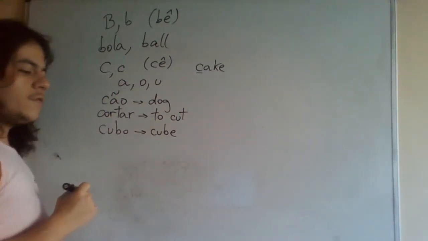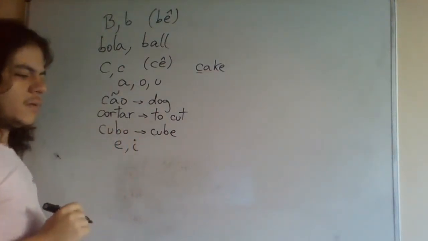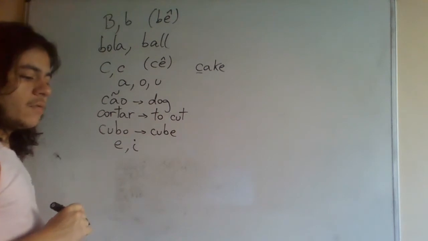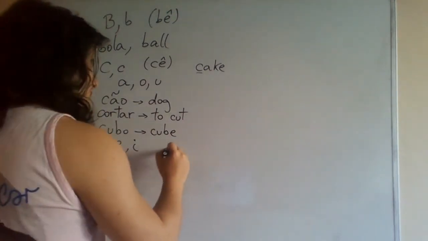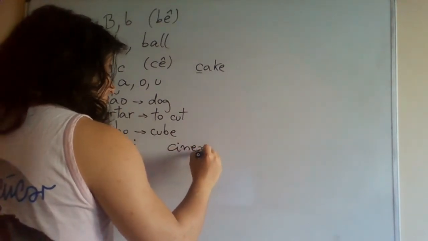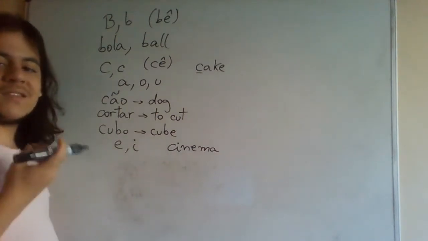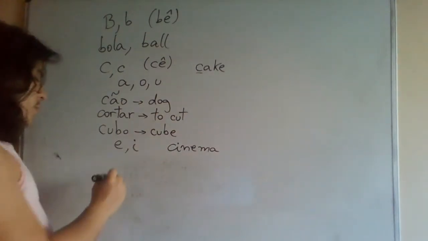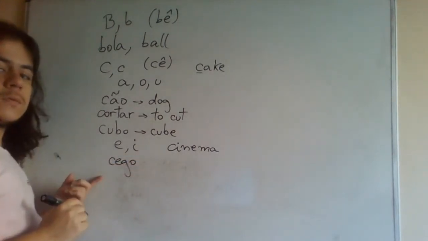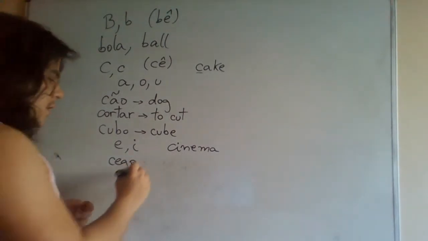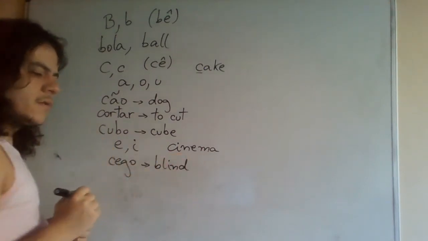And before the vowels E and I, letter C will have a similar sound as the letter C in cinema, for example. This S sound. For example, cego. It's an adjective. It means blind.